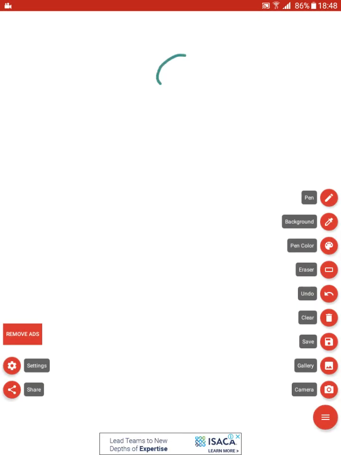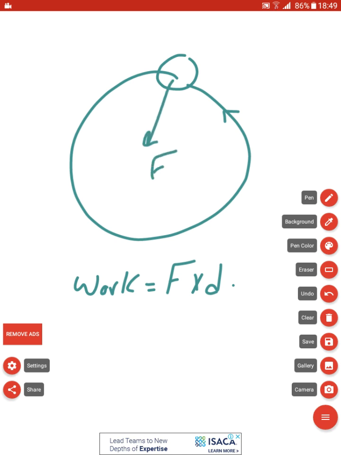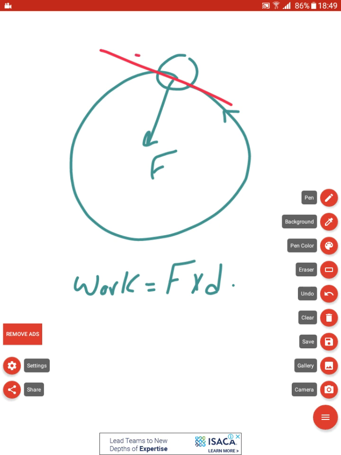If we have an object that moves in a circular motion, okay, the work done on the object equals force multiplied by distance. The force is towards the center and the distance is in the tangent direction, okay, so the angle here is 90. So the work on an object moving in a circular path is also 0.